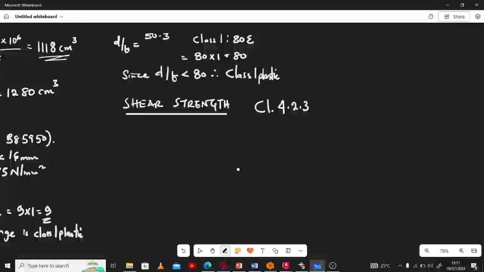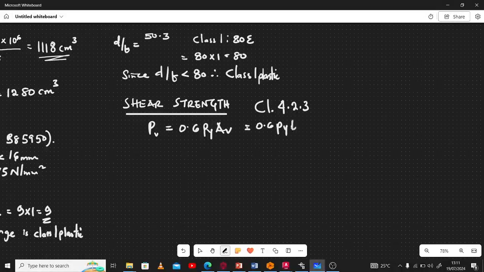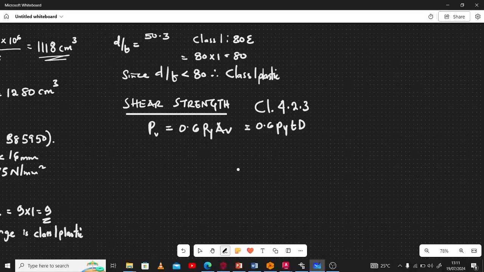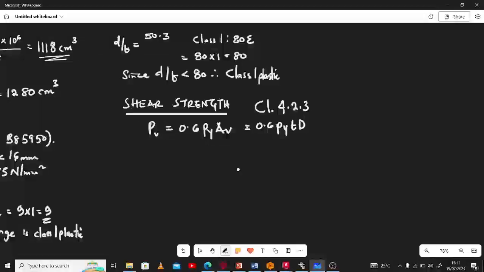We have PV equals 0.6 py AV, where we already defined AV to be t multiplied by D.